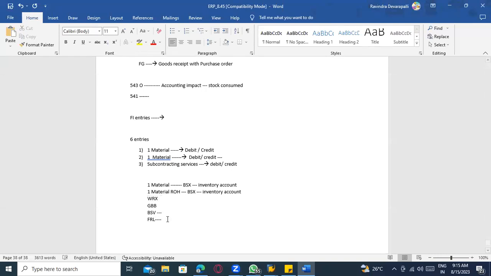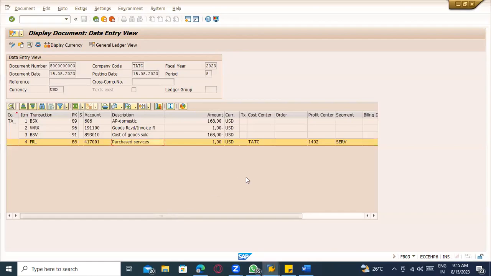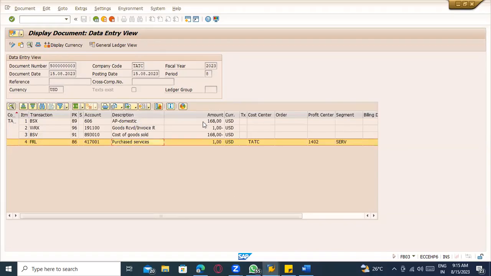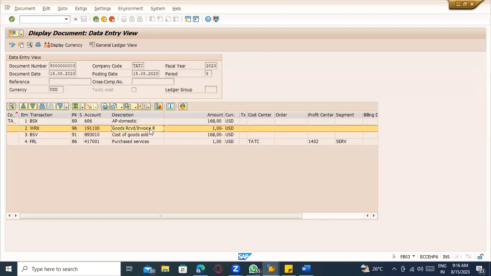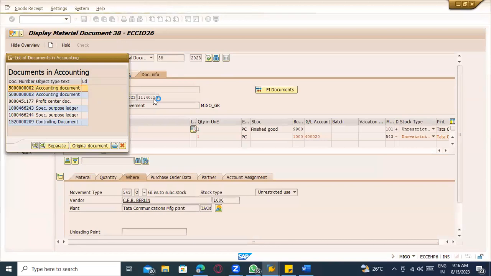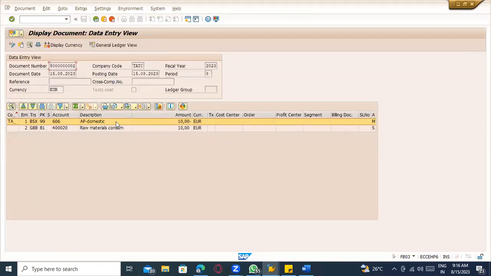So you need to remember these transaction inventory. One is debit, one is credit, and you can see here it is a debit and it is credit. If I go to the top, you can see here it is the credit, because one is positive, one is negative, right?